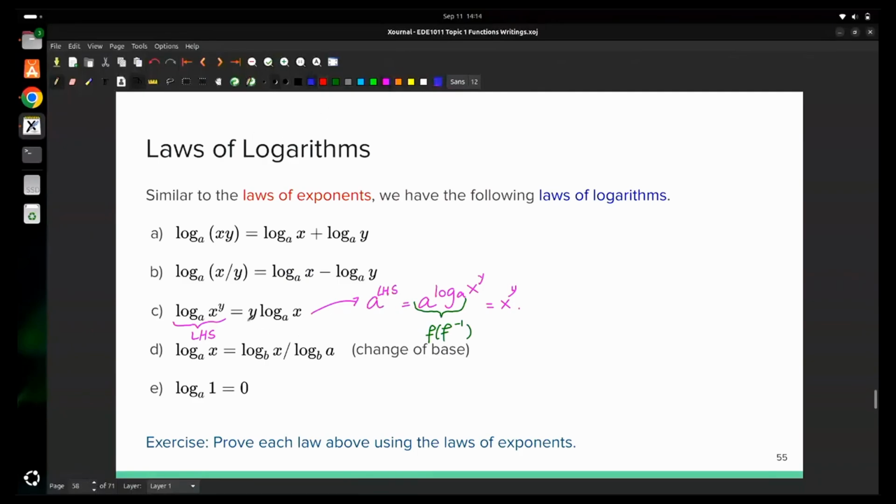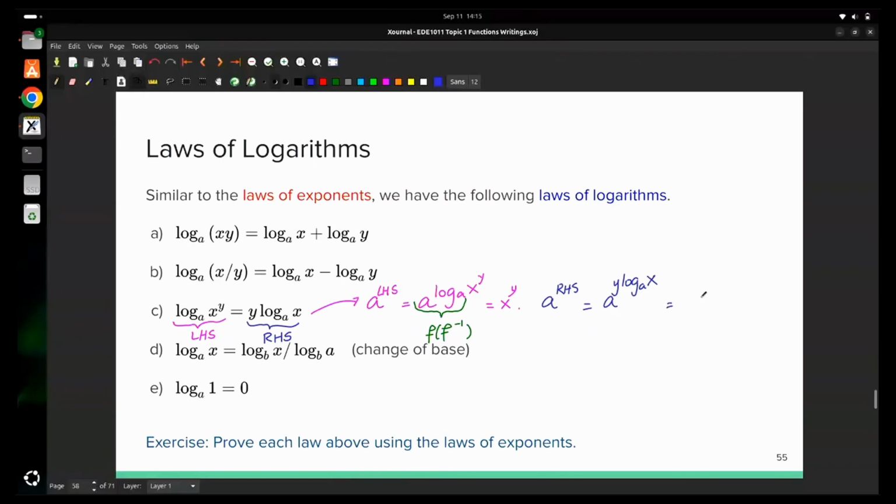Okay? So I call this the right-hand side. So therefore, you can check a to the right-hand side. I'm using the law of indices here, the law of exponents. So it will be a raised to the y log base a x. So if you look at this, a to the y, a to the log base a x.